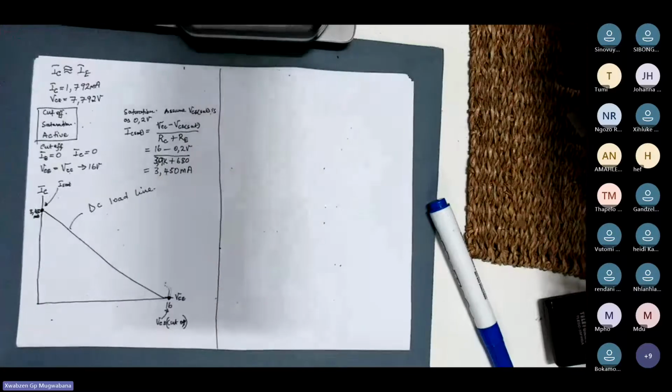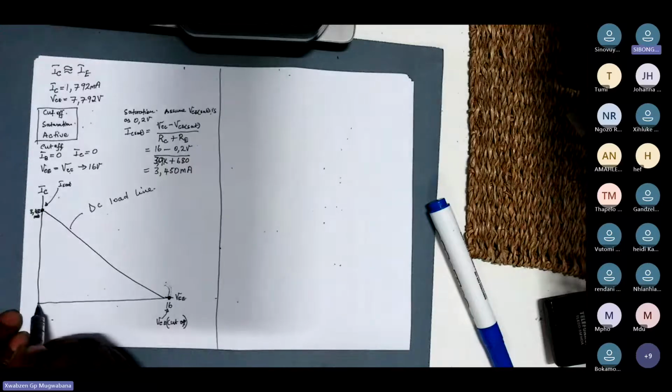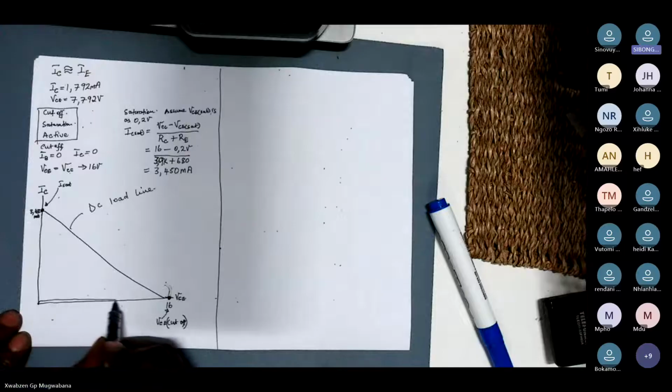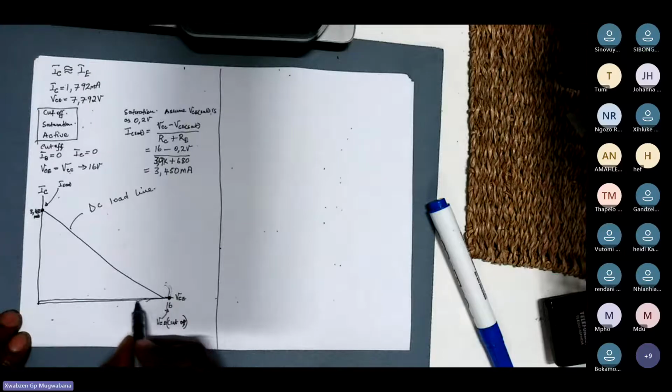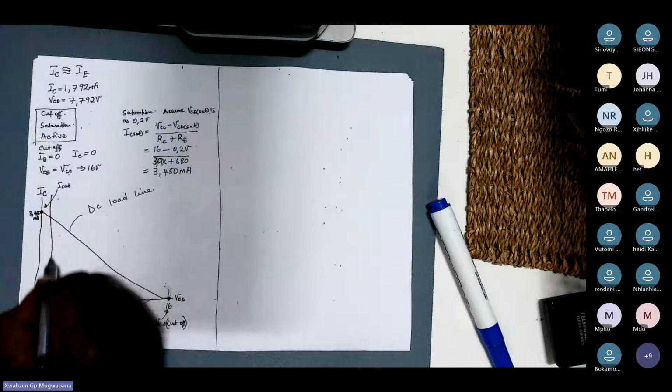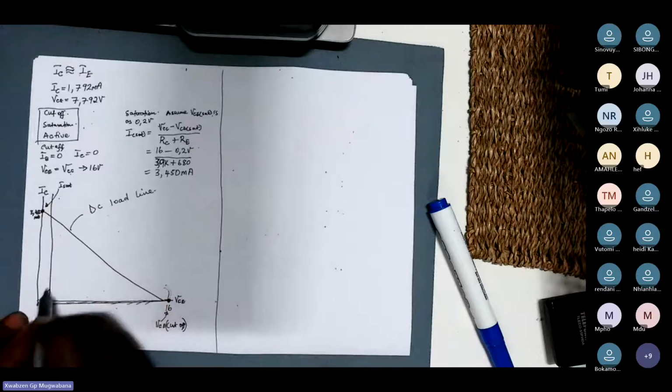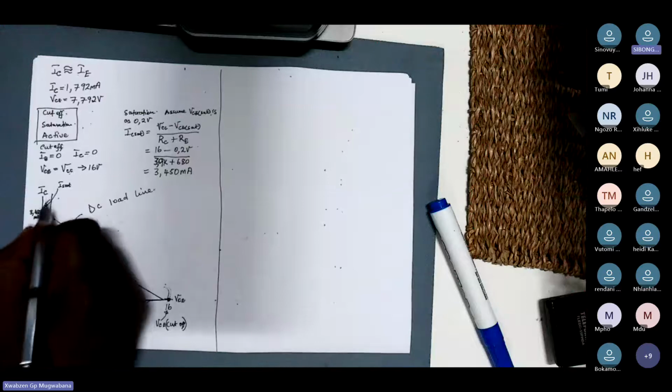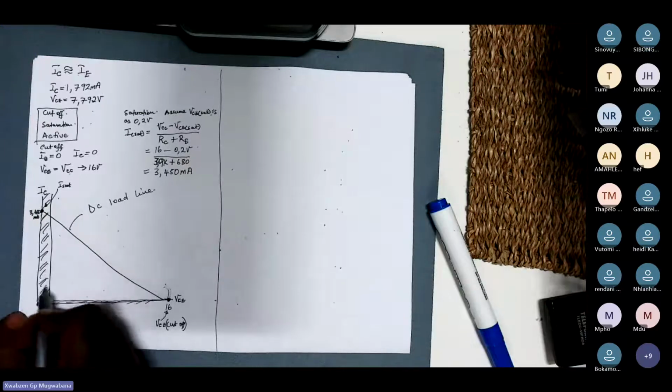Thank you. Now, from there, I need to go and check. Remember, this part here is my cutoff region. This part here is my saturation region. Do we understand each other?